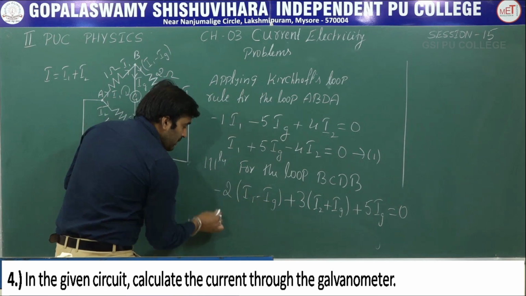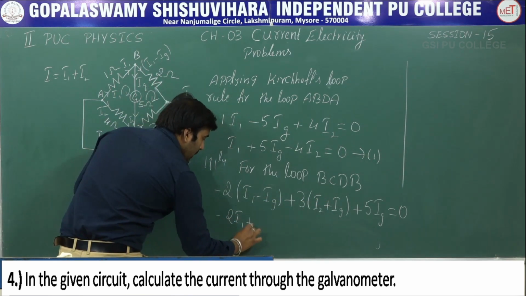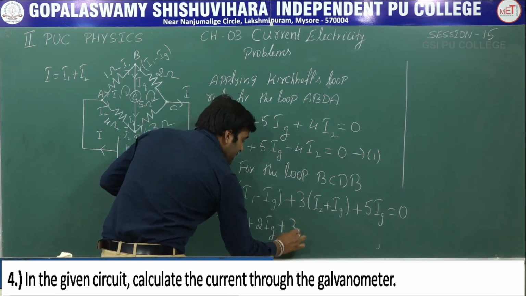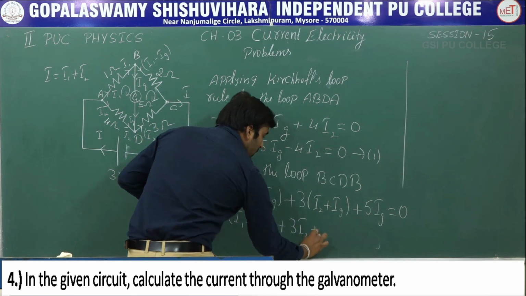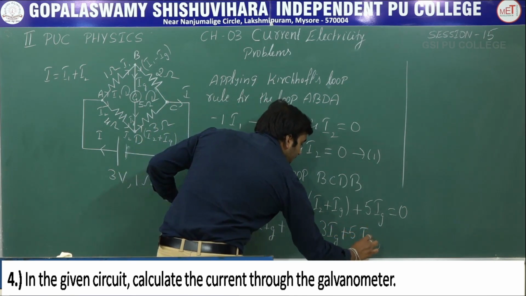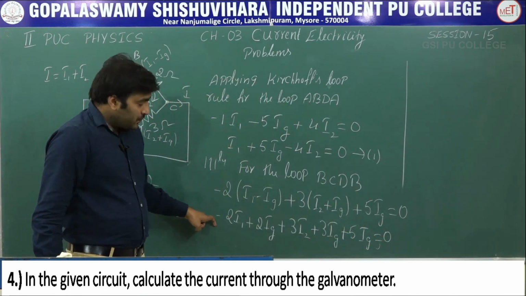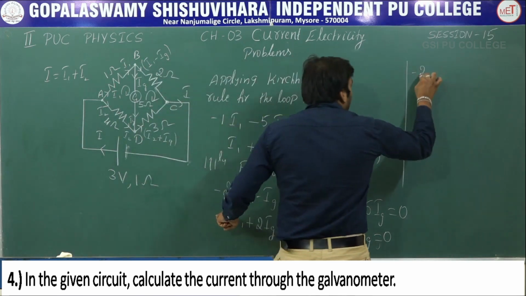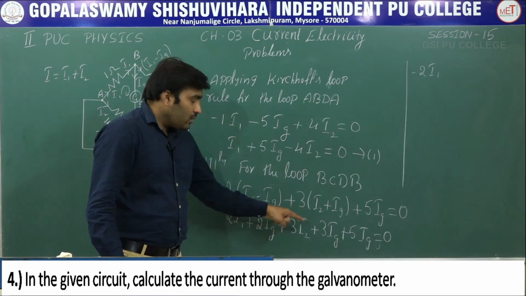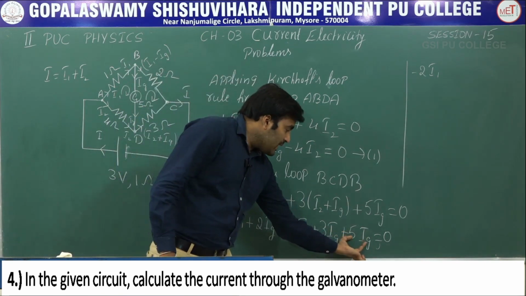Let us write this equation by multiplying the coefficients. Minus 2 I1 plus 2 Ig plus 3 I2 plus 3 Ig plus 5 Ig equal to 0. Now, minus 2 I1, let us add the terms Ig: 2 Ig plus 3 Ig plus 5 Ig.